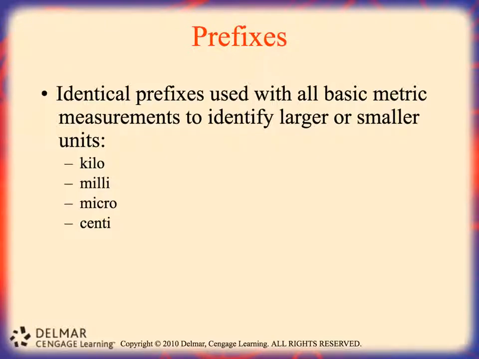Kilo is the largest, and it's the only one that is greater than the basic unit of measure. These three are all smaller than the basic unit of measure, with milli being the largest, and then micro, then centi.